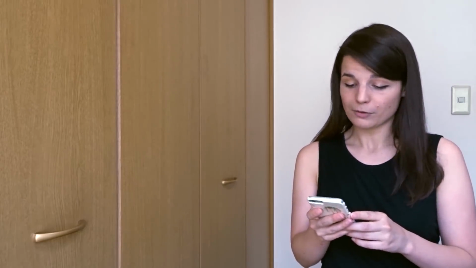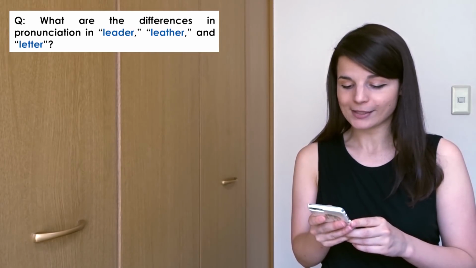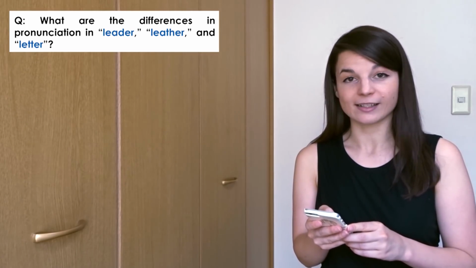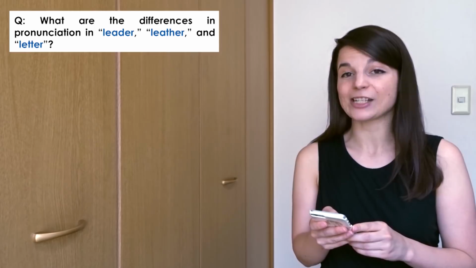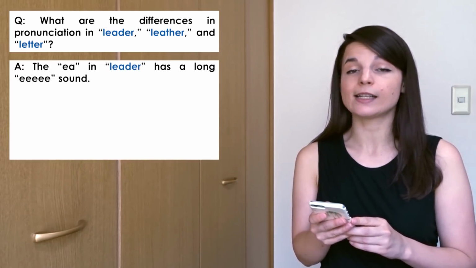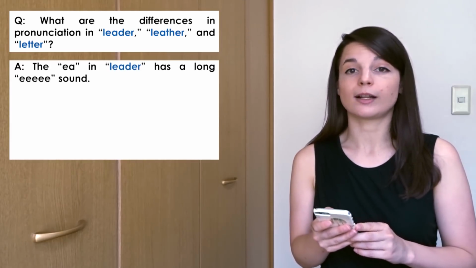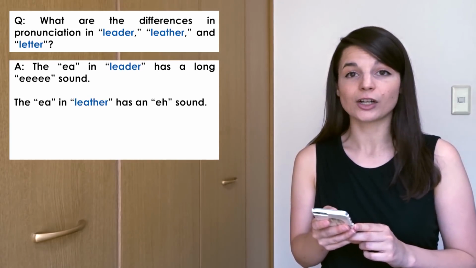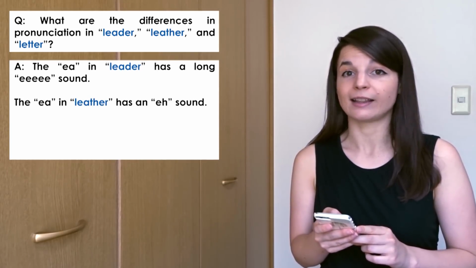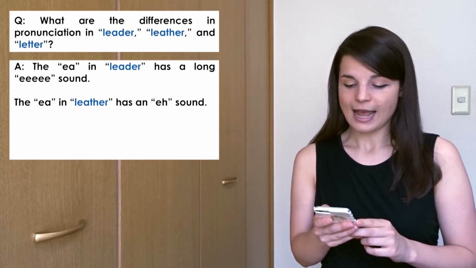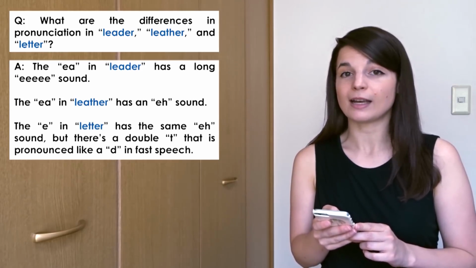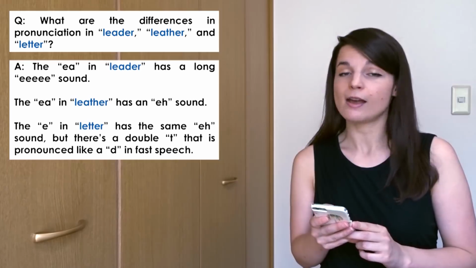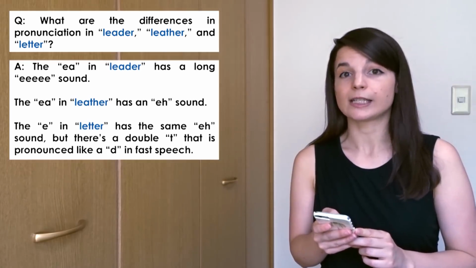Next question comes from Roberu. Roberu, hi. Roberu says, "What is the difference when pronouncing leader, leather, and letter?" Nice one. Okay, leader, so to break it down, the EA there is pronounced "lead" in the word leader. In leather, the EA is pronounced "leather." And in letter, we have the same vowel pronunciation, but there's a double T in the spelling.